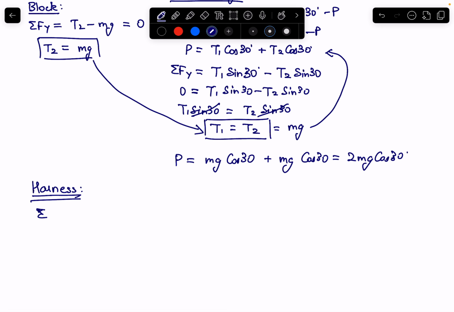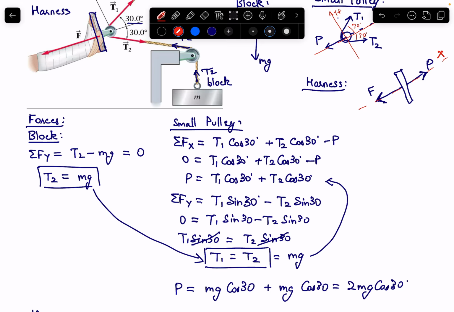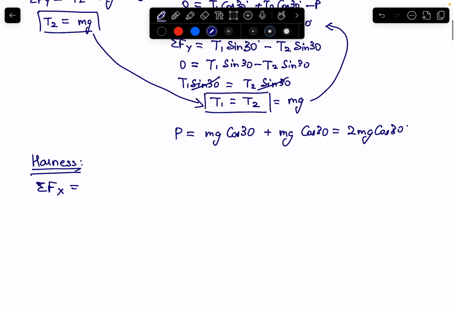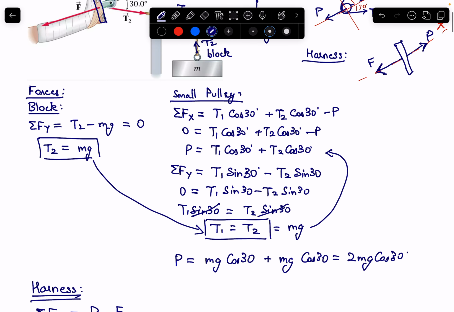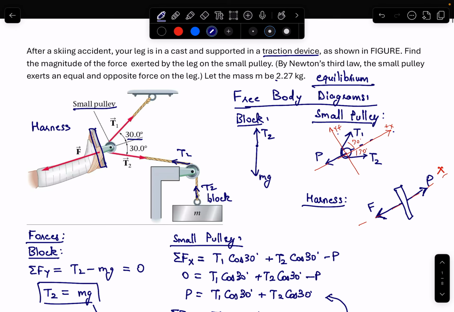So summation of F_x, because I just assumed this is x, is equal to P minus F. If nothing is moving, this is equal to 0. So F is equal to P, which we know from here is equal to 2 mg cosine 30. The value of m is 2.27.